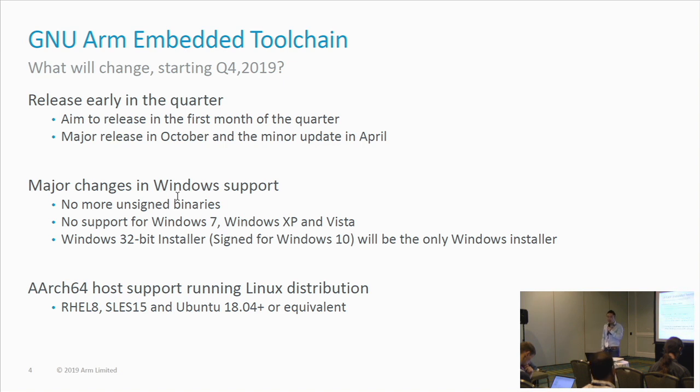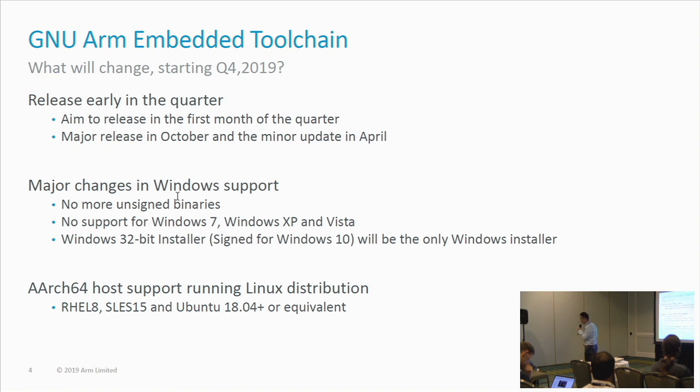There are some major changes in the Windows host. We're not going to release unsigned binaries, because there have been complaints, and there will be problems if you use unsigned binaries on Windows 10. We're not going to continue supporting Windows 7 or Windows XP.